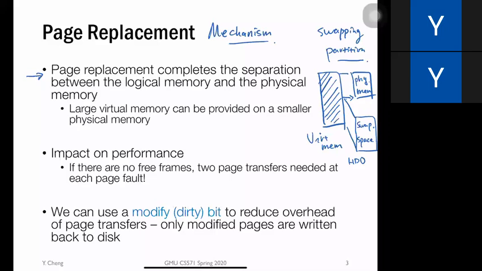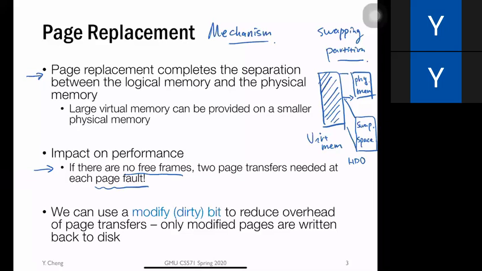If you take a look at this bullet, if there is no free memory, it would incur exactly 2 page transfers at this page fault. This event is called a page fault, something we've already discussed in the previous lecture.